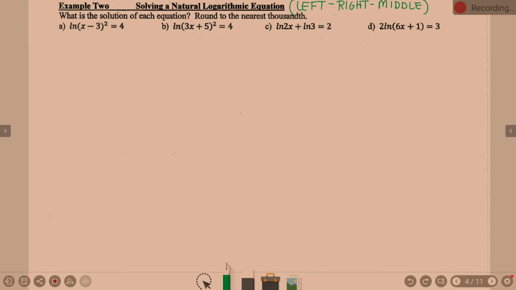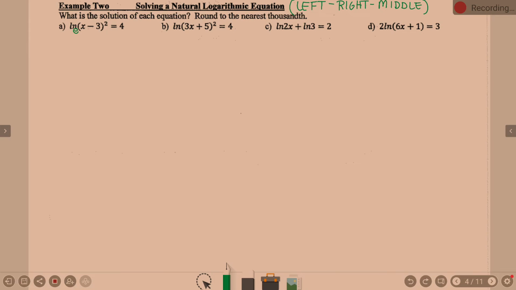What is the base on example A? What was it? 10? No. E. These are natural logs, right? When no base is written on a natural log, this is base E. So you have to remember there's an invisible E there. Keep in mind, E is a number.